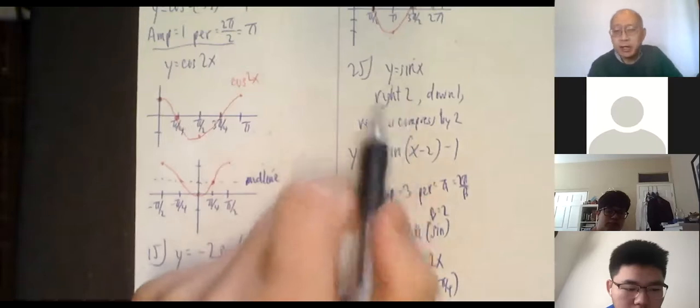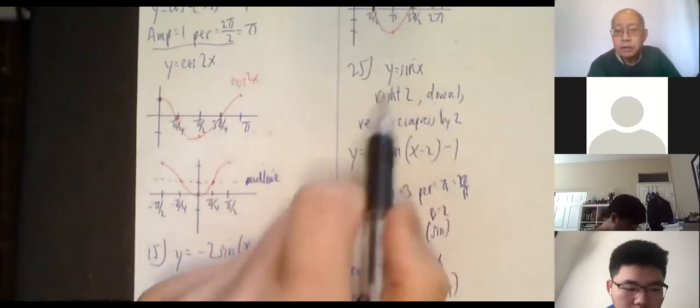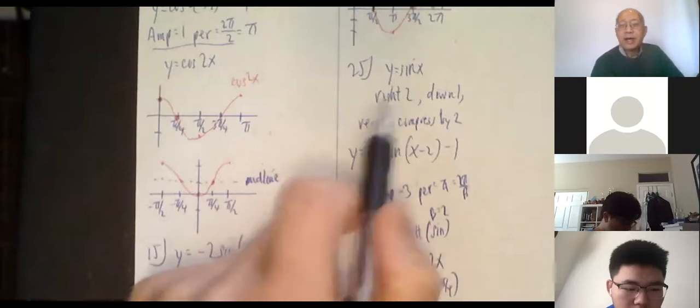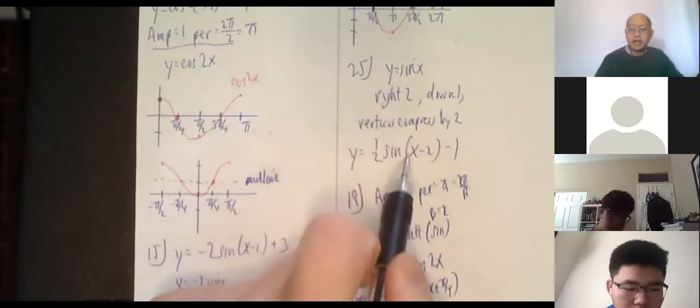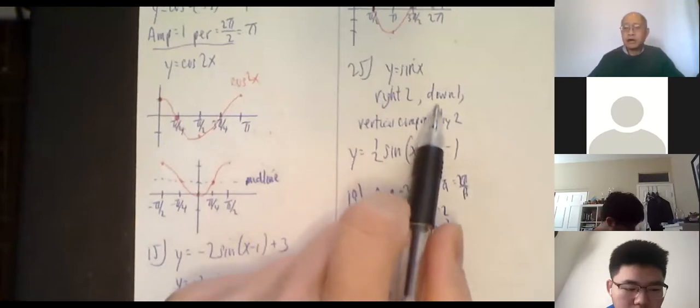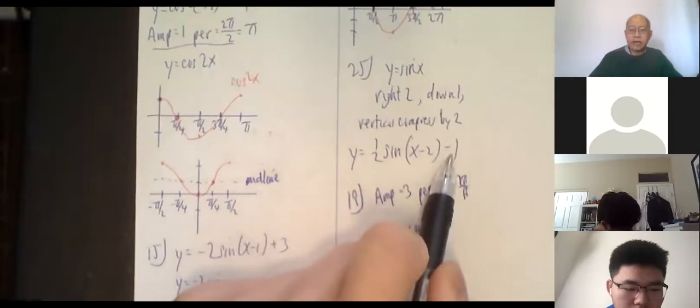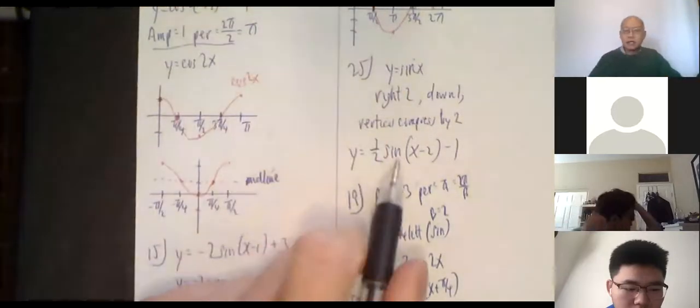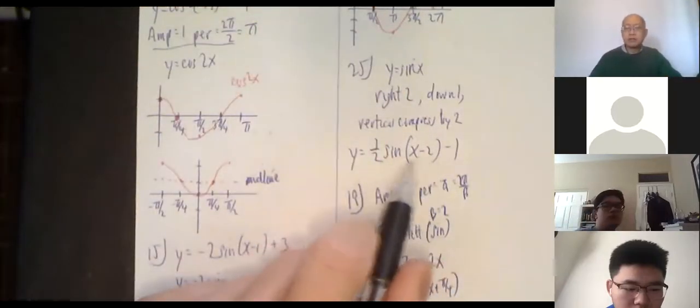It didn't say anything about the period, so I don't have to put anything there. And then we know what right 2 means. Instead of x, it's going to be parentheses x minus 2. And we know what down 1 means, minus 1 like that. So there we go. Y equals 1/2 sine of x minus 2, minus 1.